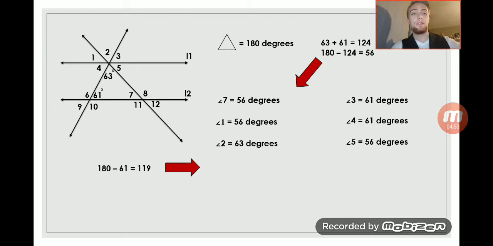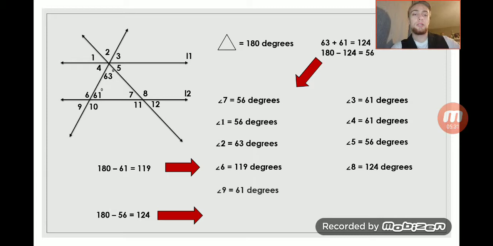So that means that angle 6 is going to be 119 degrees. We've already figured out angle 7, so we're going to move on to angle 8. And that will be handled the same way as angle 6 was, because it is also a supplementary angle. So instead of subtracting 61, like we did in the previous, we're going to subtract 56 because of the fact that we already know angle 7. So angle 8 will be 124 degrees after subtracting 56 from 180.